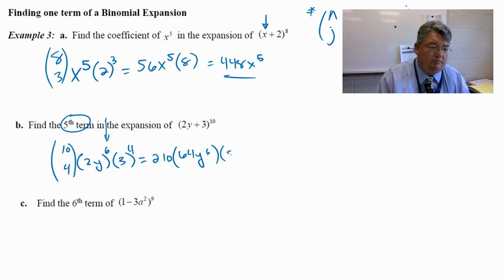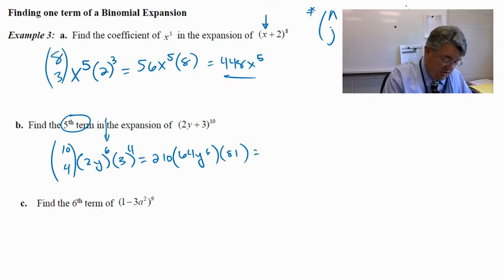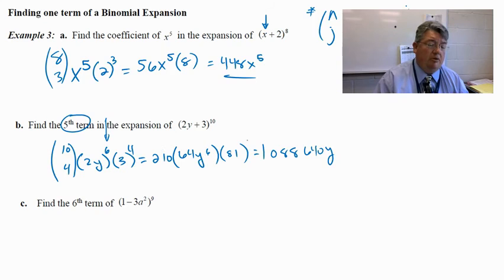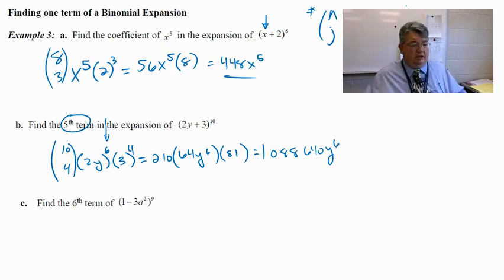Yep, 81. So it equals 210 times 64 times 81. I multiply those three numbers and I get 1,088,640 y to the 6th. And there it is.